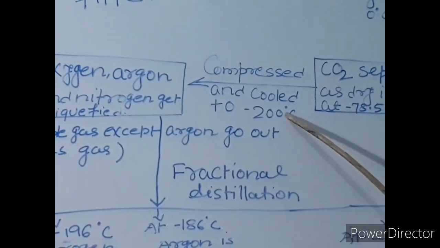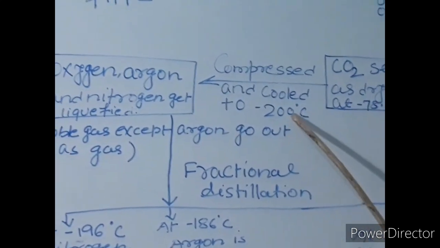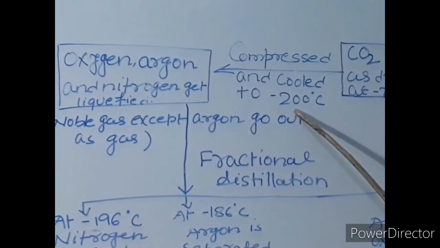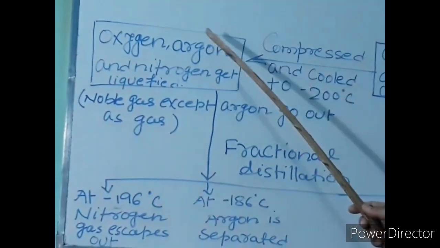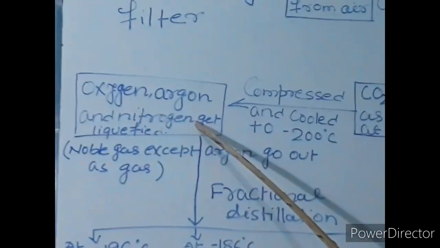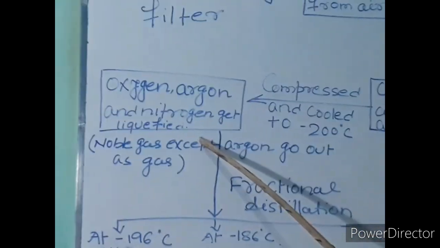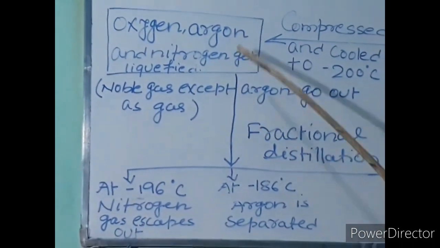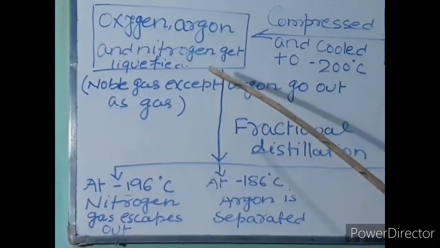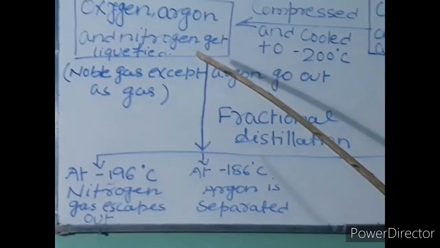When you keep the temperature at minus 200 degrees Celsius, oxygen, argon and nitrogen convert into liquid form. But all other noble gases except argon remain in gas form, so that is kept out.